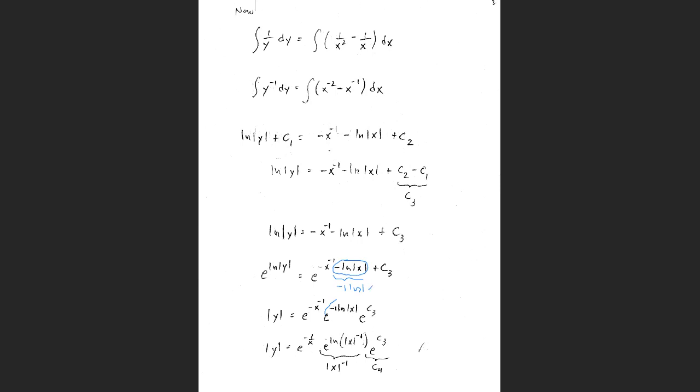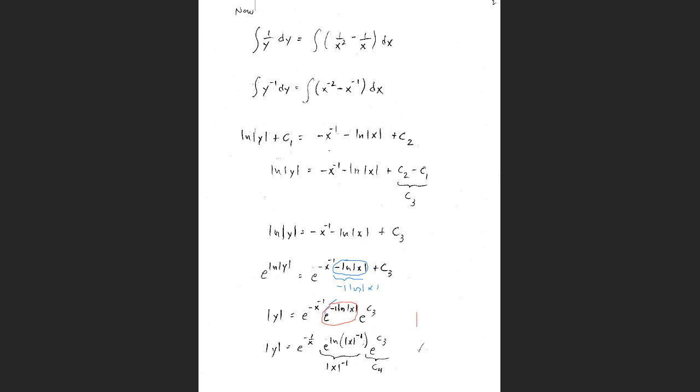Okay, no problem. And what I'm going to do here now is this term here, I'm going to rewrite that exponential term as e to the log of the absolute value of x to the negative first power.